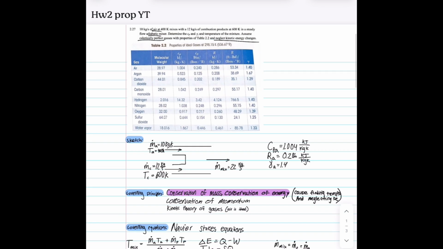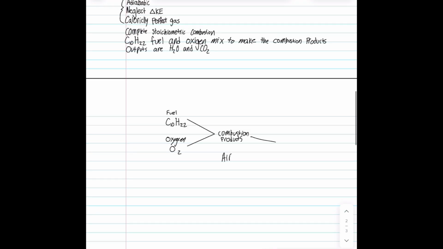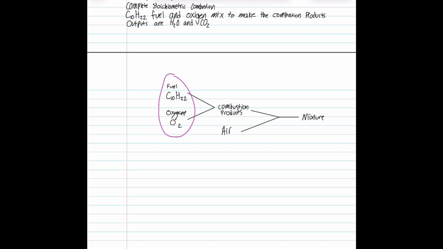So first we need to mix the fuel with oxygen, because we have oxidizer and that creates combustion products, and then we mix the combustion products with air, and that gives us the mixture that we're trying to find properties for. So we're going to do two mixing problems, two ratios of components.